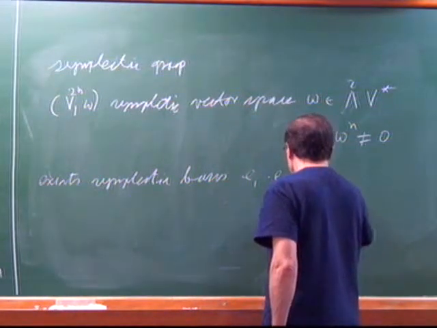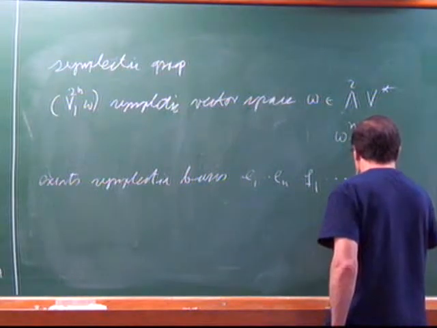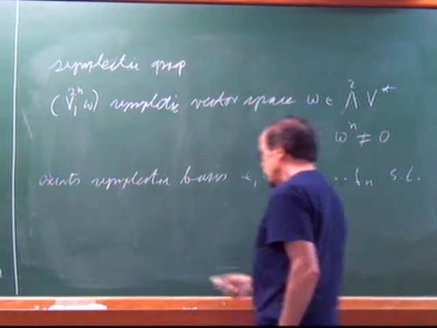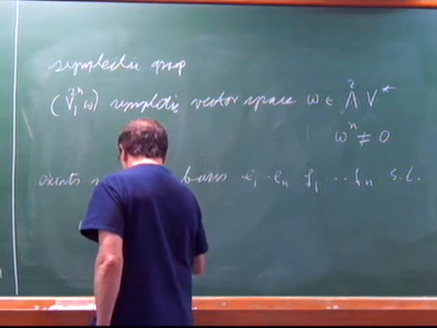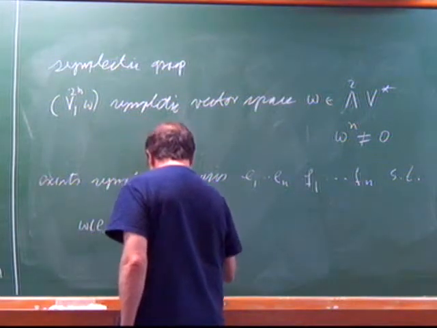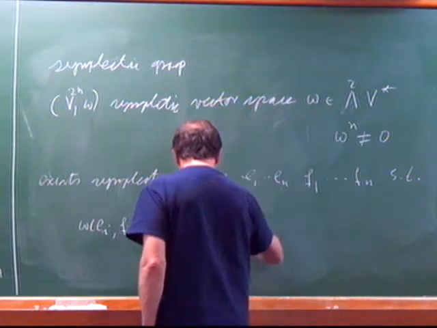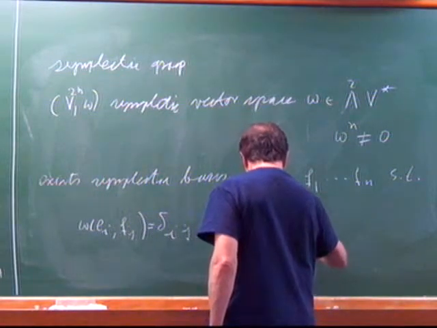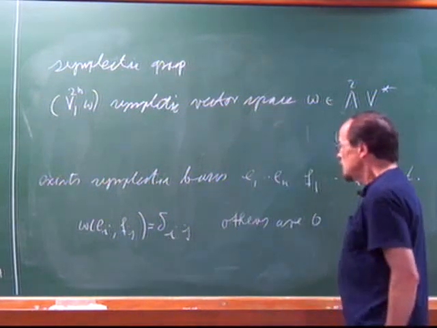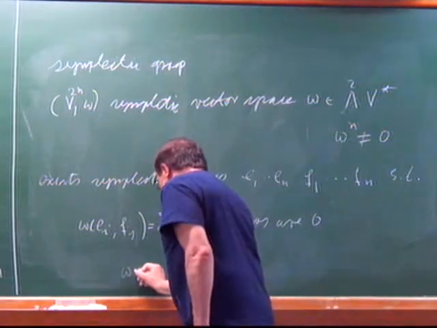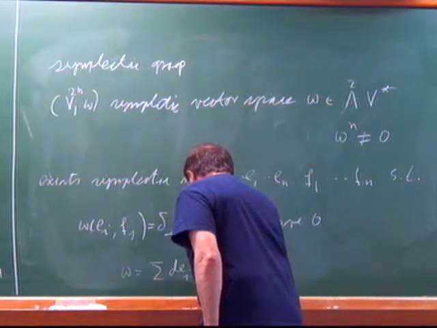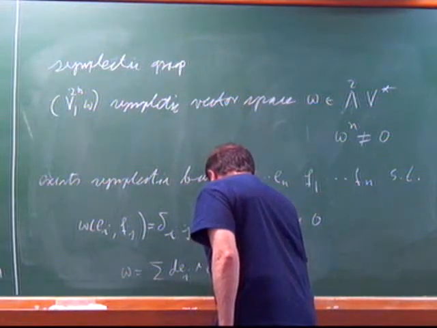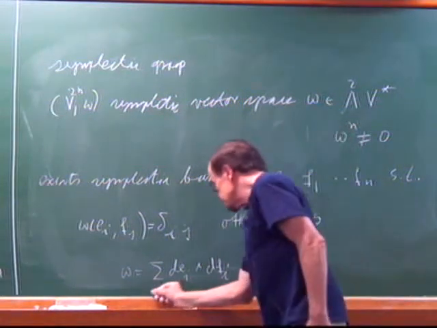E1 to En, F1 to Fn, such that omega of Ei, Fj is delta ij, and the others are zero. Which means that omega in differential form notation is the sum over i of dEi wedge dFi.